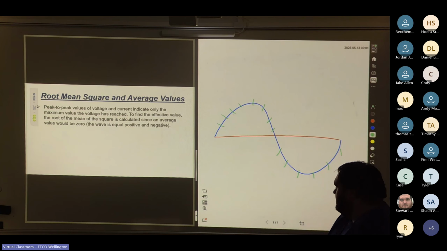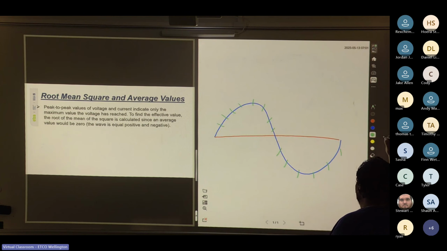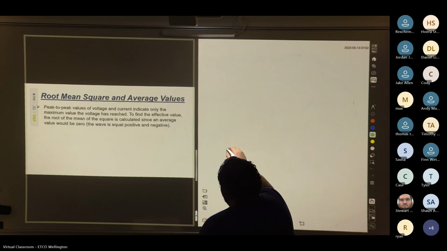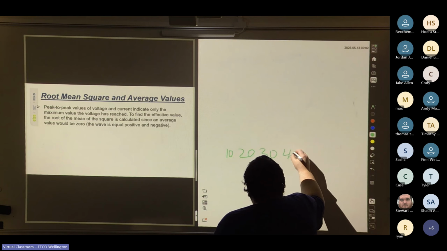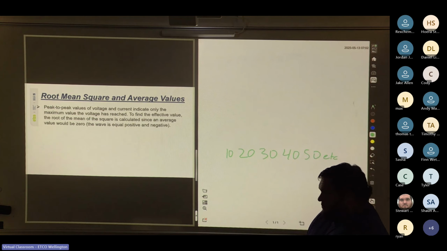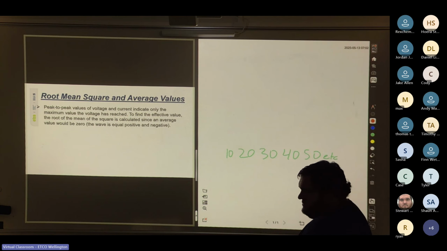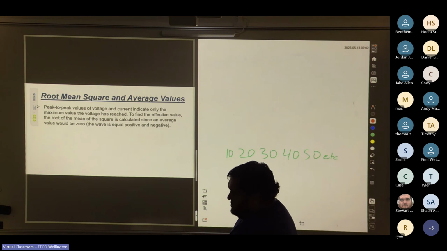So what we did is we took all values from every 10 degrees, so 10, 20, 30, 40, 50, etc. So what they had to do was take all of these values and then, root of the mean of the square.